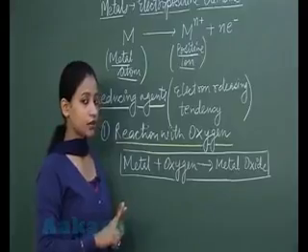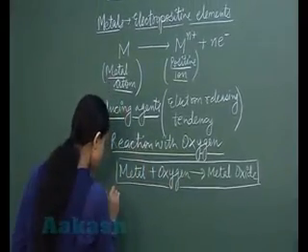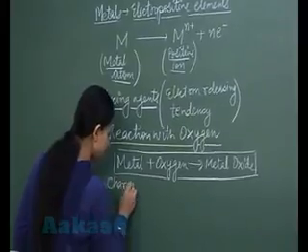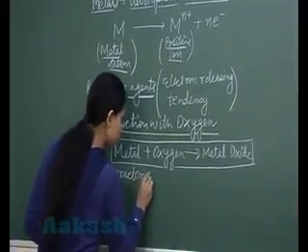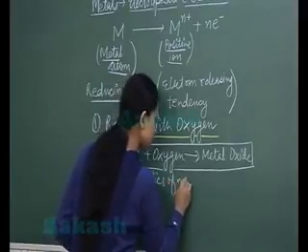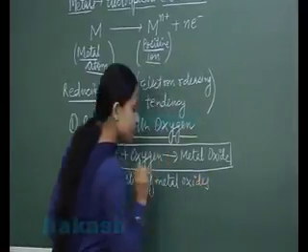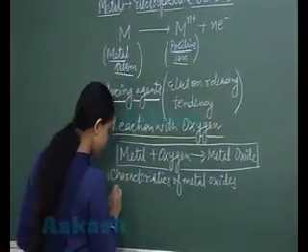Students, there are two characteristics of metal oxides. Let us see what they are. First is about their solubility.